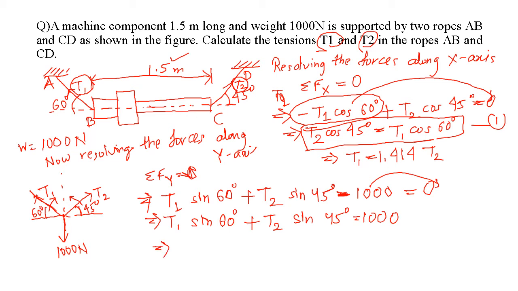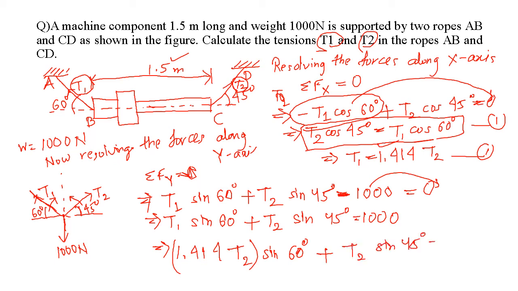Put the value of T1 from equation 1 into this equation: 1.414 T2 sin 60 degree plus T2 sin 45 degree equal to 1000. Solving this, we get T2 equal to 518.1 Newton.